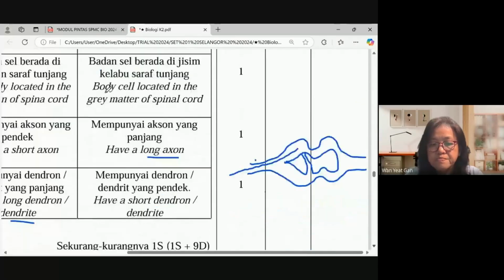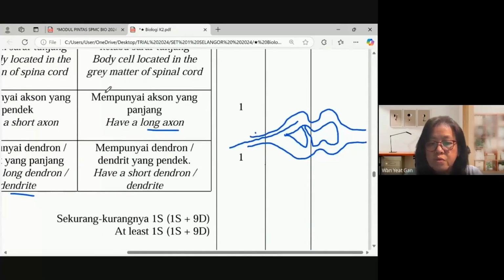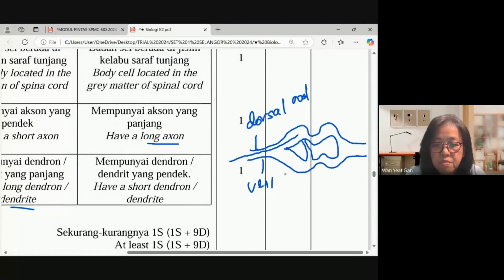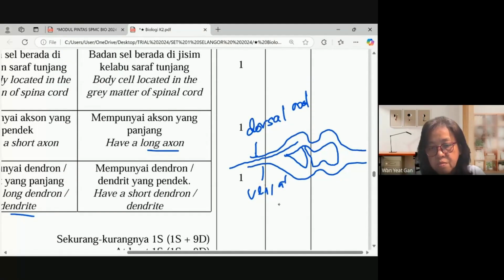This is the dorsal root. This is the ventral root. So it enters into the gray matter.